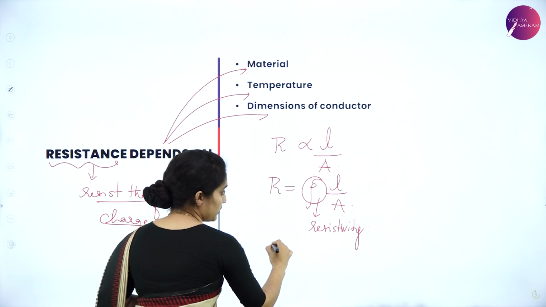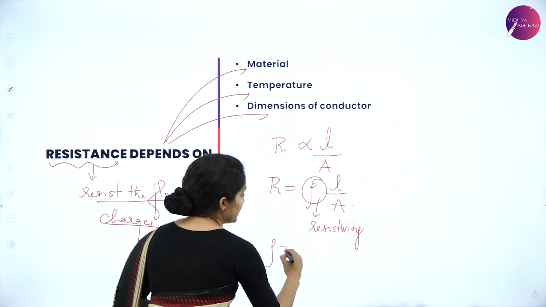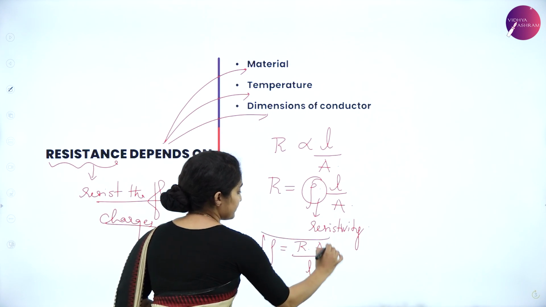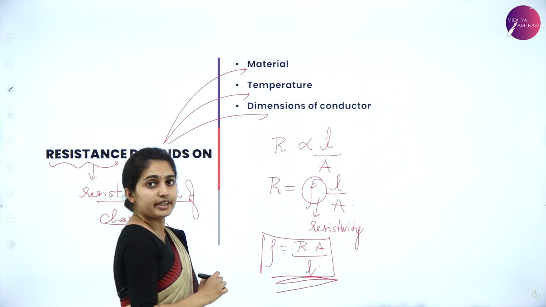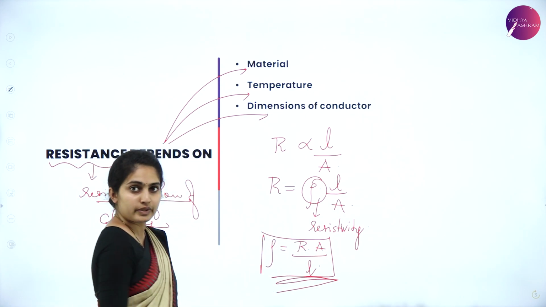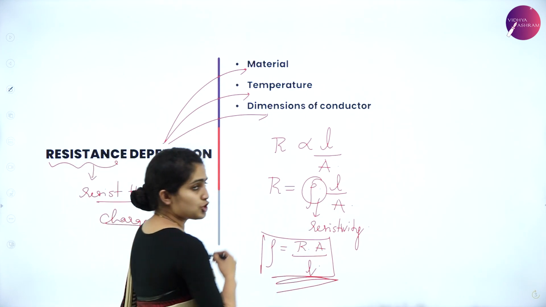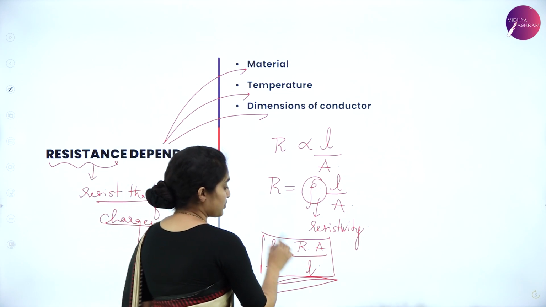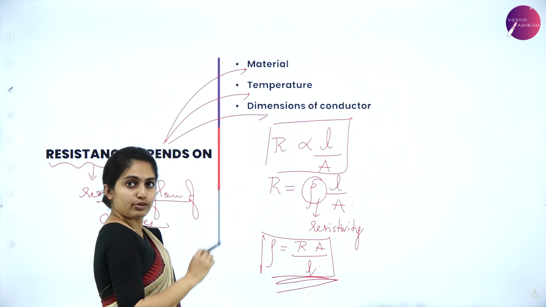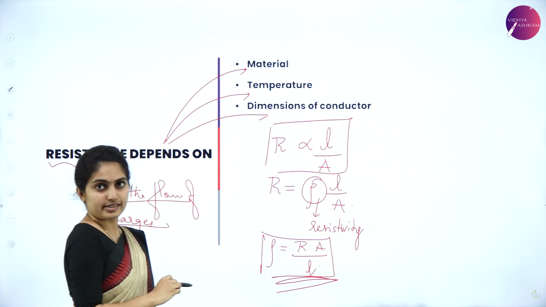With the help of this formula, rho is equal to R into A by L. So this is the equation. Now resistivity is directly proportional to resistance, directly proportional to area, but inversely proportional to length, which is different in the case of resistance.